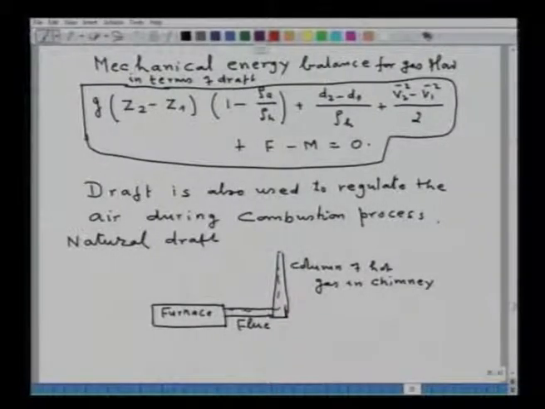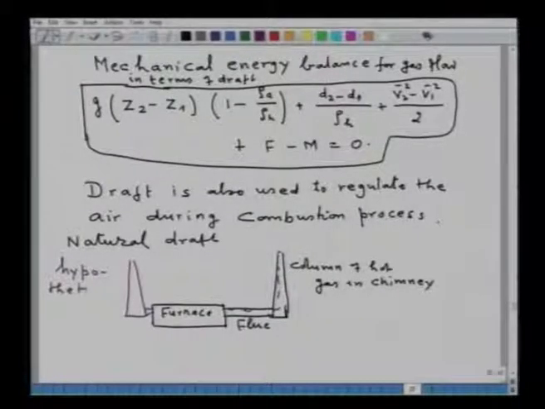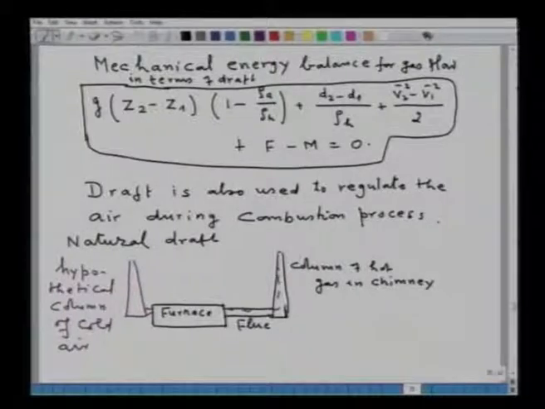Now, let us consider this is a burner from where air is supplied, and above the burner we can consider a sort of hypothetical column of cold air above the burner.